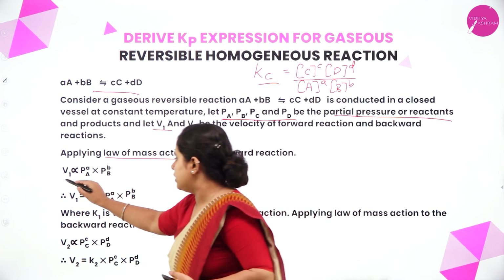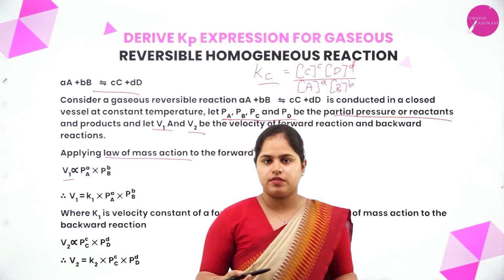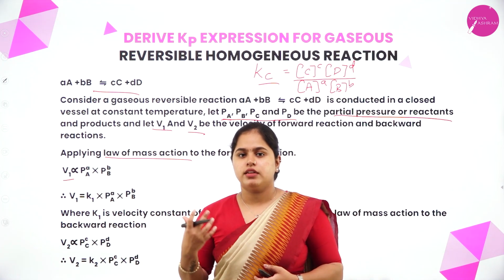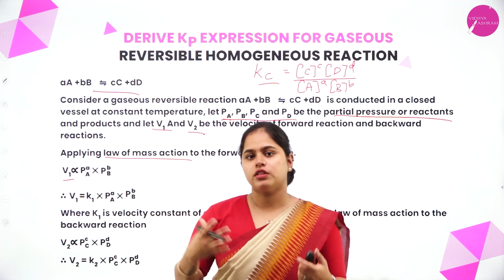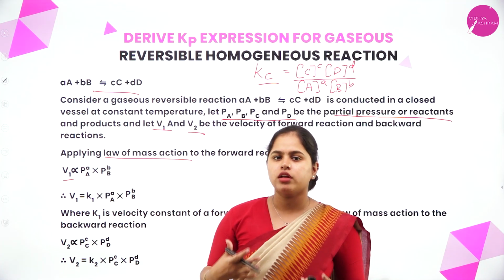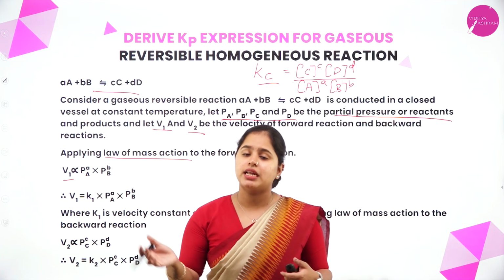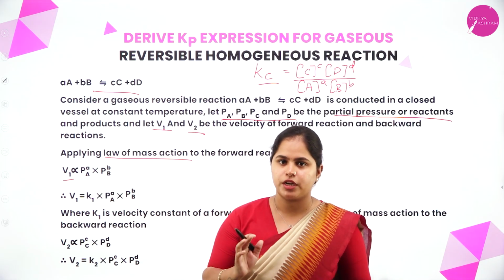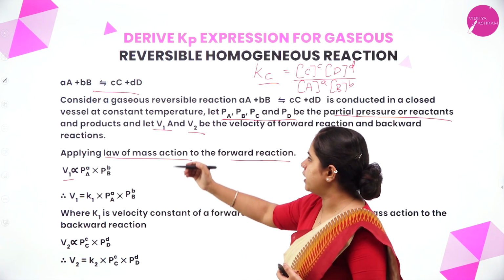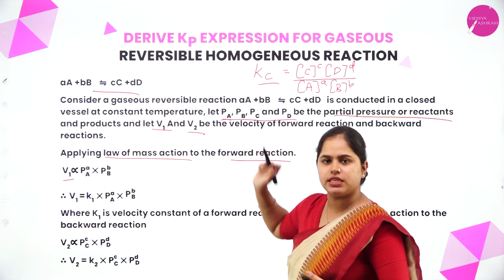So V1, that is the rate or the speed with which, here we are discussing in terms of velocity. So what did we study? The law of mass action: the rate of the reaction will be directly proportional to the product of the concentrations of the reactants raised to powers equal to their stoichiometric coefficients, right? So first we are going to discuss the forward reaction, aA plus bB giving cC plus dD.